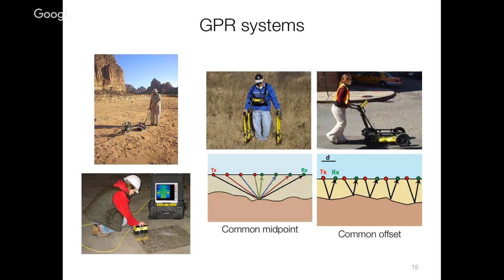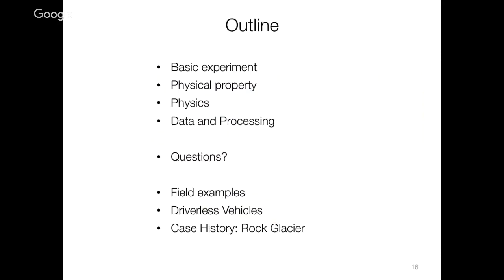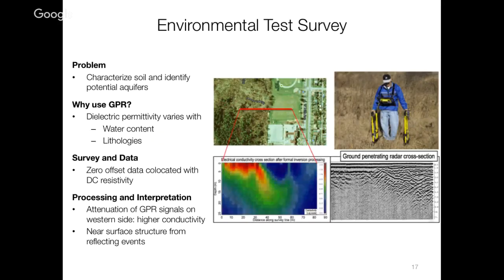Or common offset where you're just pulling things along. So that's kind of the essence of things. Actually, at this level, considerably more simple and intuitive than all the electromagnetics that we were working with.